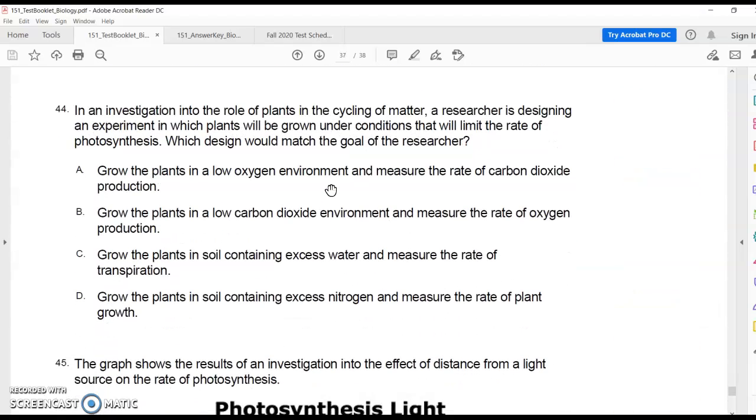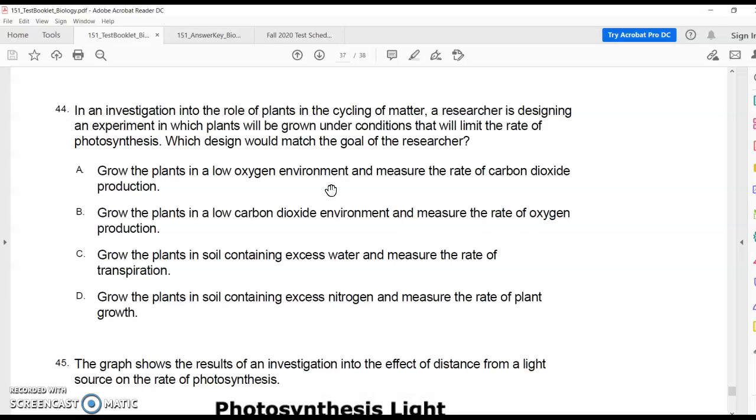44 here, looking at cycling of matter. So going back to our biogeochemical cycles. And so the scientist is looking for a design that would match the goal of the researcher, which is experimenting with plants that will be grown under conditions that will limit the rate of photosynthesis. So think back to our photosynthesis equation.